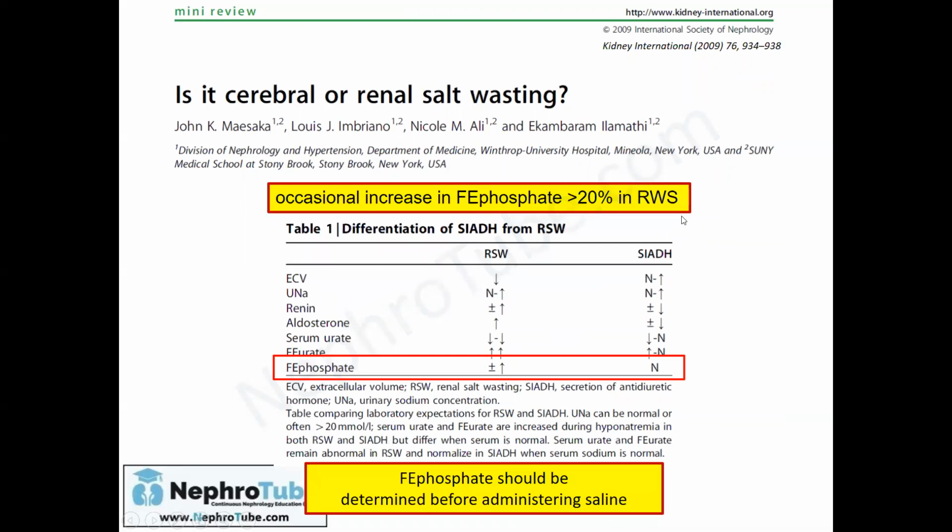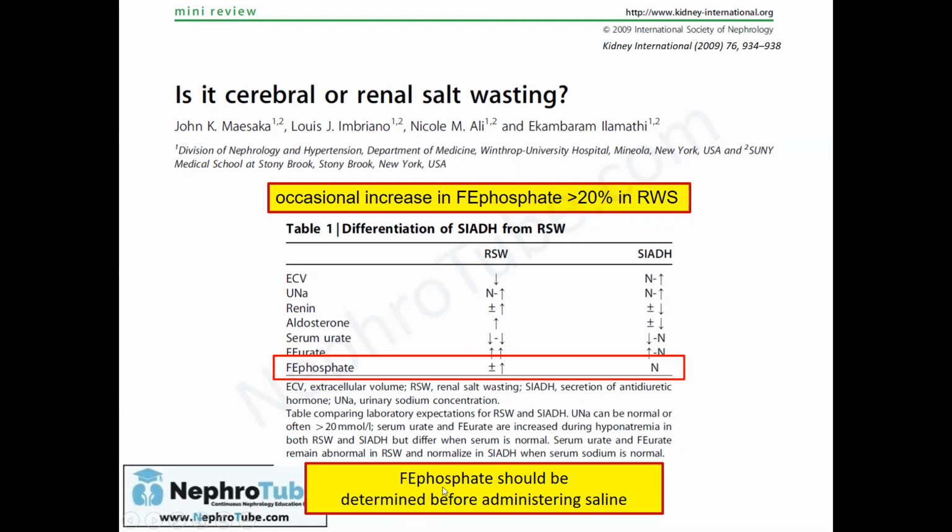Another point that helps in the differentiation between SIADH syndrome and renal salt wasting is the fractional excretion of phosphate. It is not always found to be high in renal salt wasting, but may be high in this disease. It may be more than 20%, but not always. And this is even before start of management.